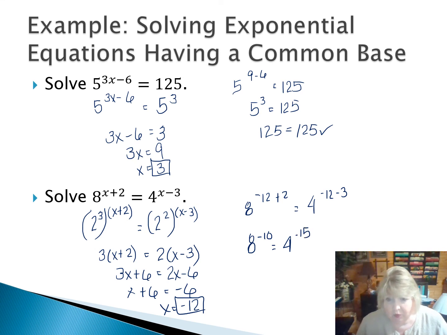Now, here's where, if I have a calculator, and I do, so I'm fixing to use mine, I say 8 to the negative 10th. I get that on my screen, and it's an overflow because it's a big number. And actually, it's a really small number. Then I go 4 to the negative 15. I get the exact same printout. So I quit right there and say I checked it, and it's 100% correct.